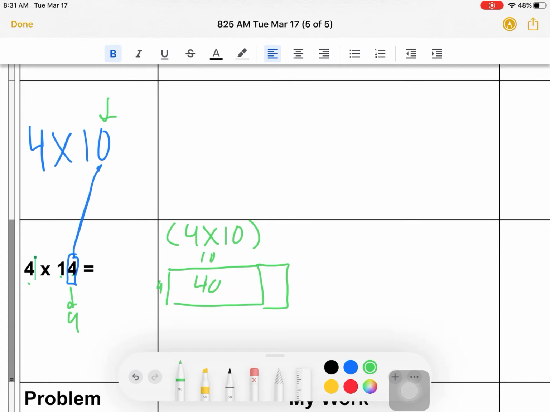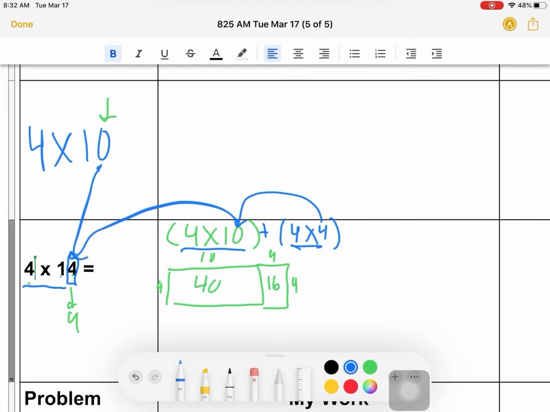And when we add a 4 to that, we're going to add 16, because we know that 4 times 4 is 16. So really what we've done here is we've taken 4 times 10 and we're adding another 4 times 4 to it, because this would be placed in that 4 here. So then we actually made two easier multiplication equations to figure out a very big equation of 4 times 14.